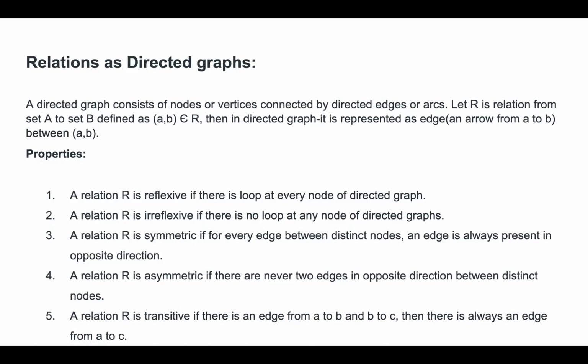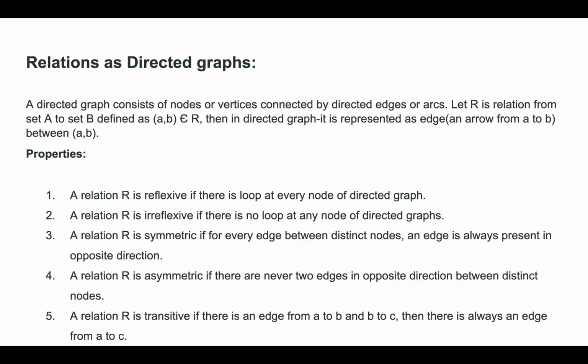Then next is a relation R is symmetric if for every edge between distinct nodes, an edge is always present in opposite direction.